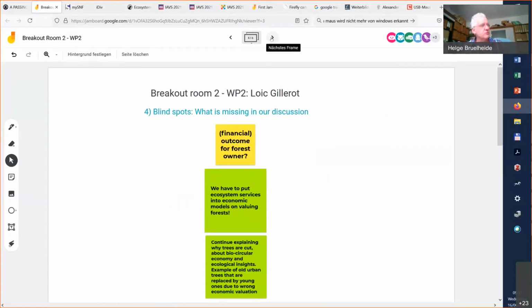And as I said before, we need to have all these ecosystem services built into the economic models. So far we have provisioning, the timber production, but we are lacking the valuation of most of the non-timber products.